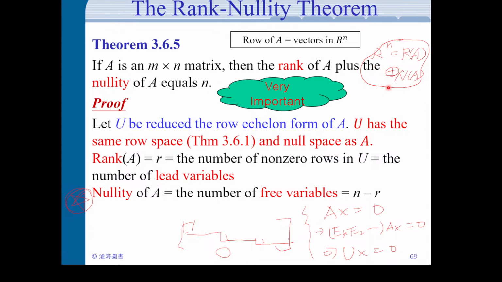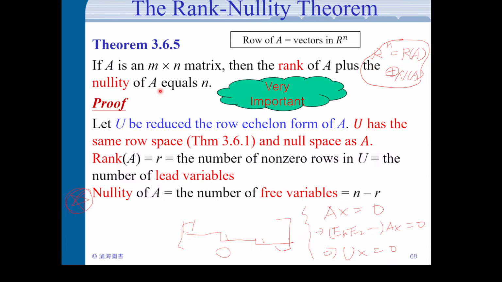We can talk about addition of vector spaces in some formal sense later, but this is just a bit of a spoiler of the later part. For now, we know that n equals rank plus nullity. Okay, and this is a very important theorem, and it's not very obvious to see.